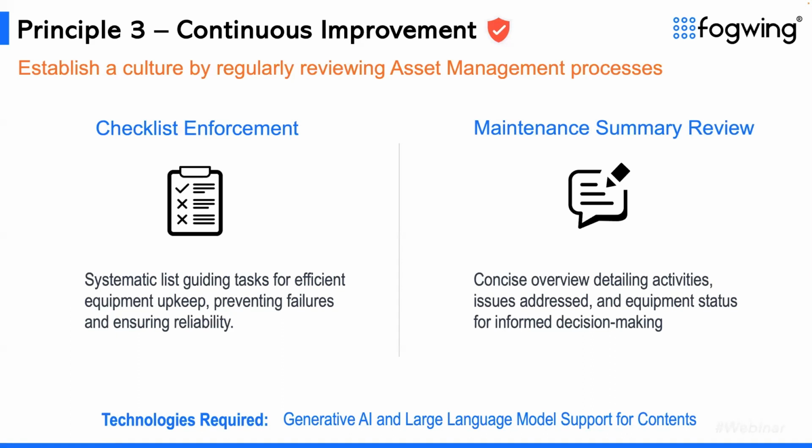We need to build those things to automate the generation without manually entering it, so that we can reduce time and effort. So we can leverage this technology to create summary reports and validate the checklist enforcement on the maintenance operation.